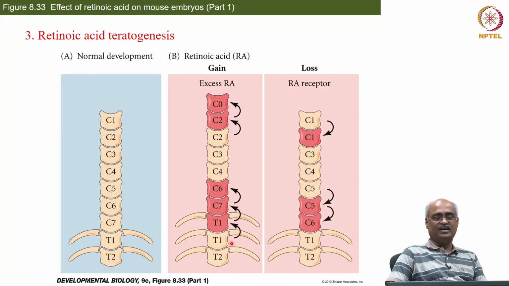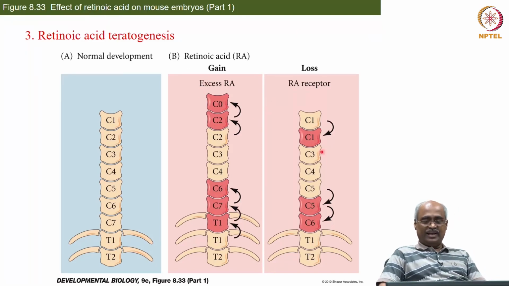When retinoic acid concentration is increased by incubating the embryo at the appropriate stage in high concentration of retinoic acid, then you have the shift happening anteriorly. So as a result, cervical vertebra gets converted into thoracic, forming these ribs here. Okay. So C6 becomes C7 and so on.